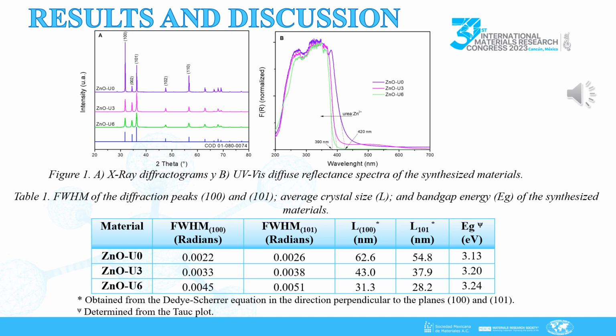The table summarizes the width at half-height of the diffraction peaks 100 and 101, as well as the average crystal size and band gap energy of the synthesized materials, where it is observed that the width at half-height of the diffraction peaks increases when urea is added at the time of synthesis, and the crystal size decreases as the band gap energy increases.